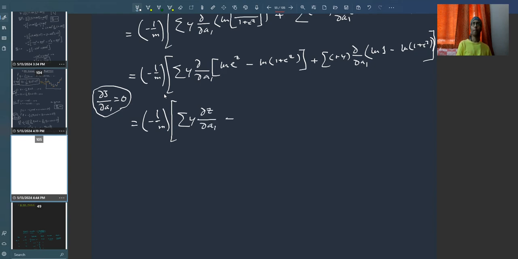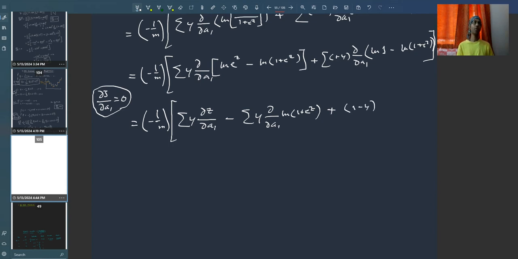Minus sum of y into del a1 of log 1 minus 1 plus e to the power z. This is what it becomes. Plus 1 minus y.